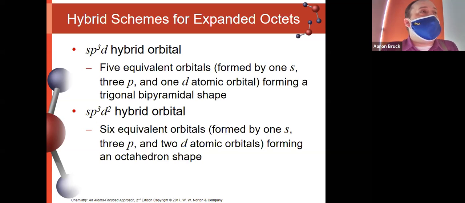This is the place where we deviate the most from your textbook. Your textbook will not talk to you at all about either of these two hybrid orbital shapes. And their reasoning is that in reality, these hybrid orbitals don't quite exist exactly the way that we're talking about them. I'm giving you a picture that kind of fits in with the other picture that we just drew.